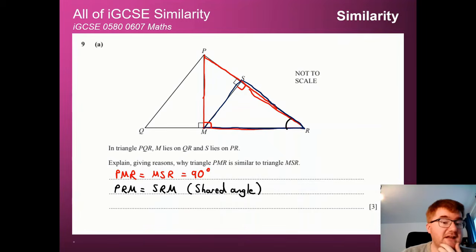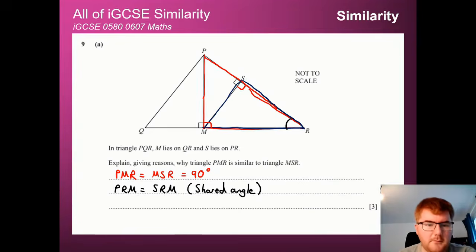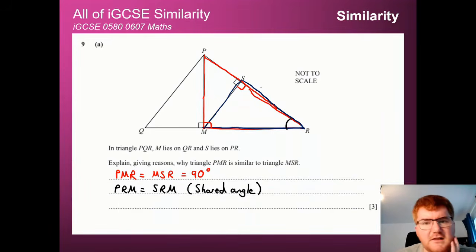Now, I think that makes it actually quite easy now, because the last angle that we haven't mentioned yet, where did my pen go? My pen decided to disappear. There we are. So, if this angle is the same in both, we've got a right angle that's shared. That must mean the last angle we haven't talked about, so this one and this one.